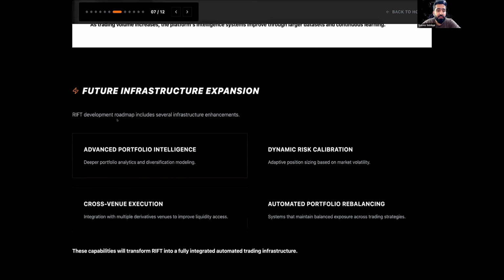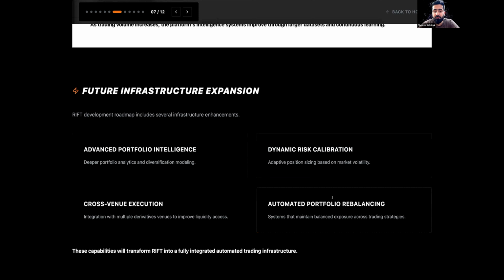Then future infrastructure expansion of Rift includes advanced portfolio intelligence, dynamic risk calibration with particular trades, and cross-venue execution. It will have integration with multiple derivatives apart from Hyperliquid, and different liquidity access venues to get more access to bigger and more diversified liquidity.